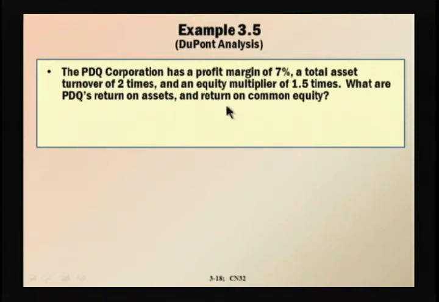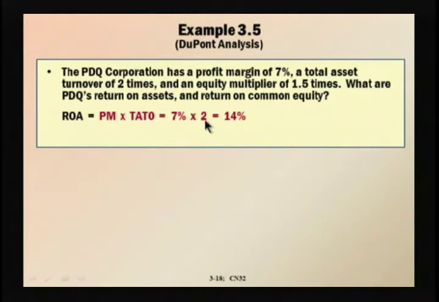and we'll use the DuPont equation to do that. First step is to calculate the return on assets. As we saw, ROA is the product of the profit margin times the total asset turnover. For PDQ, 7 cents out of each sales dollar ends up in net income, and its sales are 2 times its total assets.